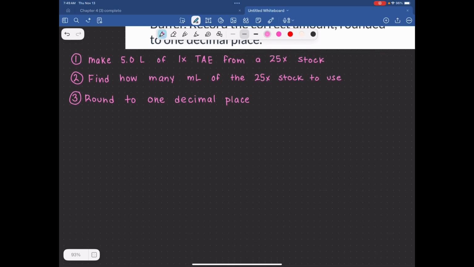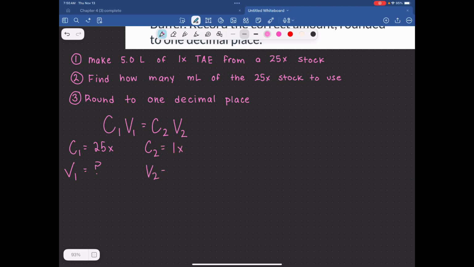So the rule we use here is our dilution formula, which is C1 times V1 equals C2 times V2. So C1, or concentration 1, is 25x. V1 is what we need. C2 is going to be 1x.